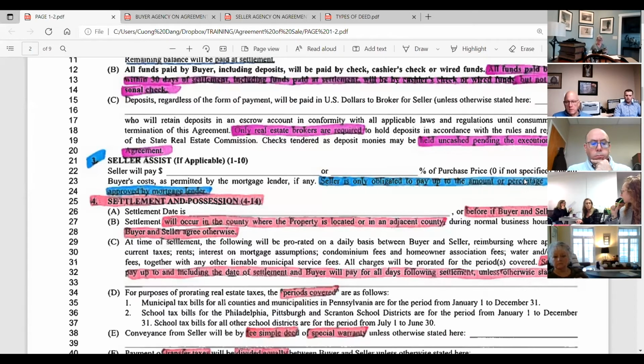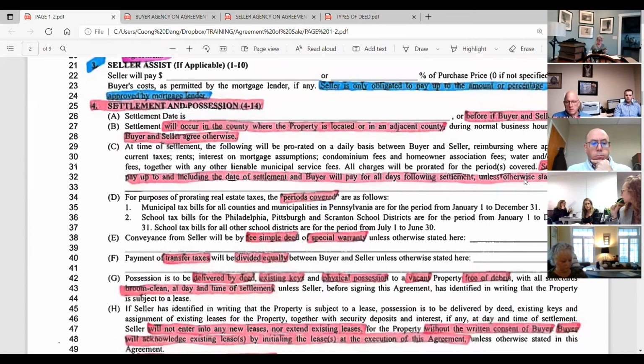Section 4 talks about settlement and possession. Section A, settlement date is blank, or before if buyer and seller agree. Okay, so you put in a settlement date there of, let's say, April 17th.